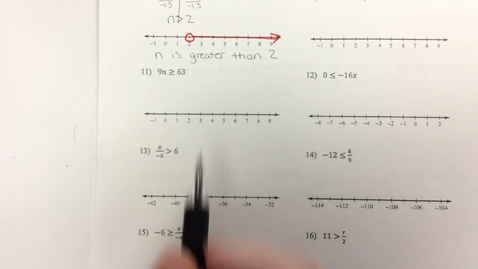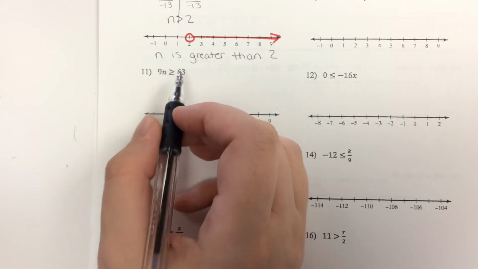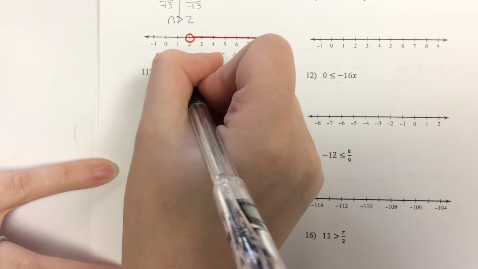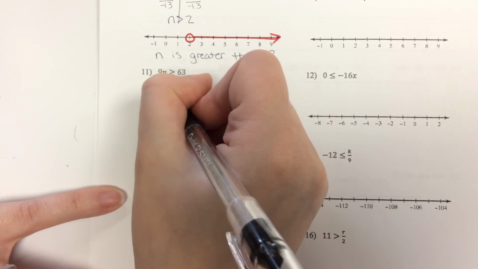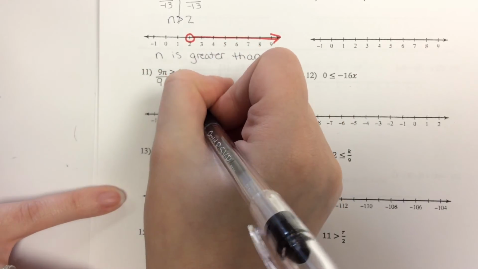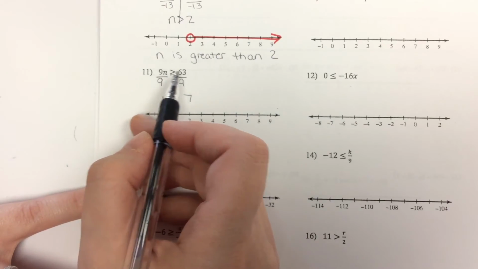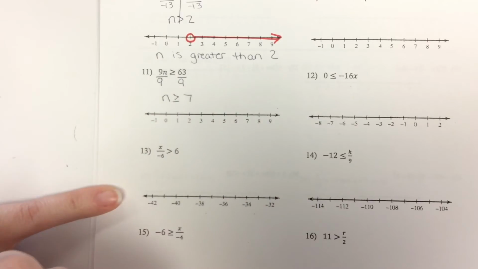Let's stick with the odds. Number 11, 9n is greater than or equal to 63. We need to divide by 9, and n is going to be greater than or equal to 7. Notice we did not divide by a negative number. 9 is positive, so the sign does not flip. It stays the same.